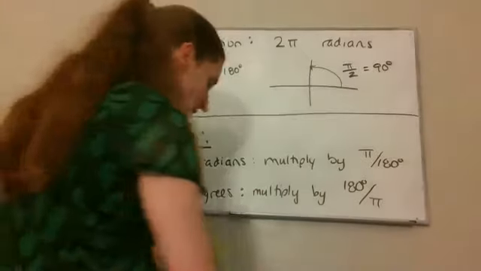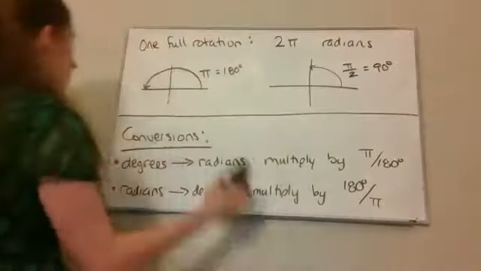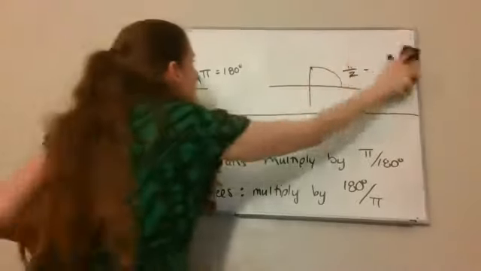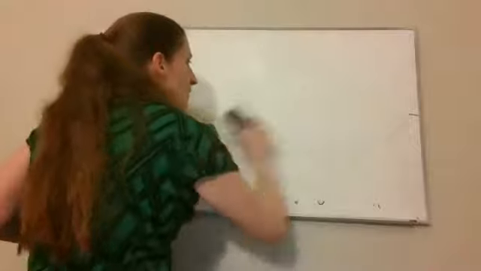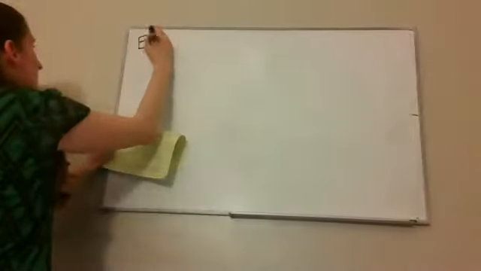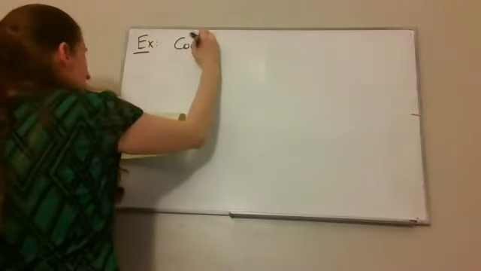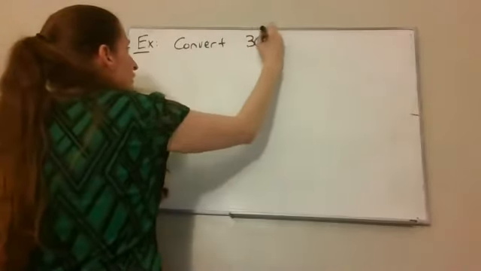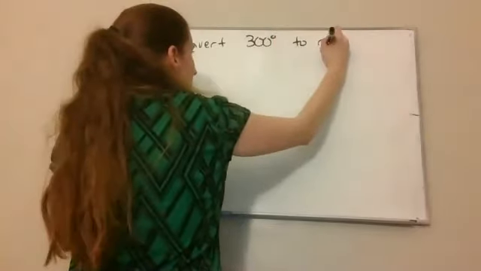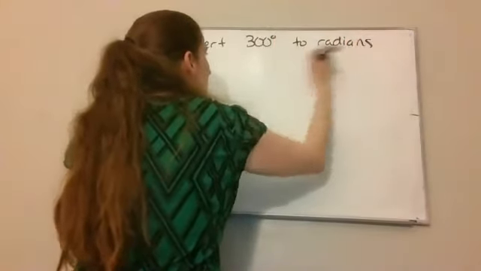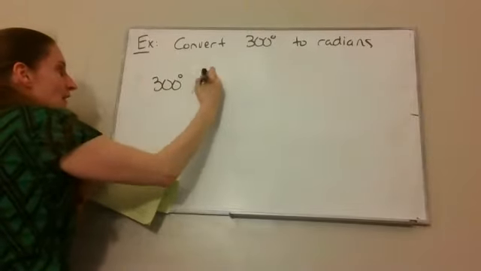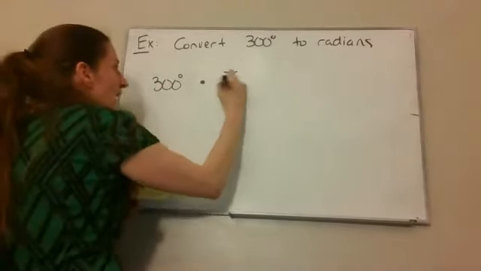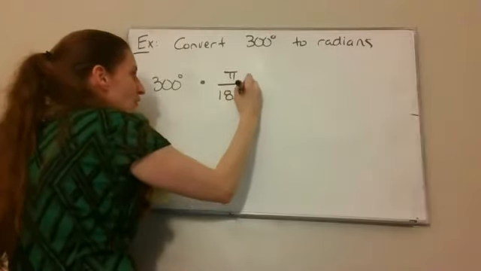So, for example, let's just do a couple quick conversions. Convert 300 degrees to radians. Well, to convert 300 degrees to radians, I need to multiply it by pi over 180 degrees.